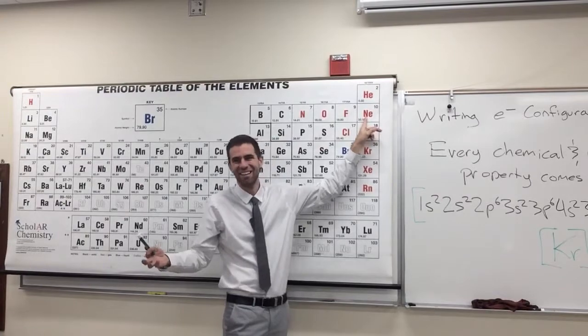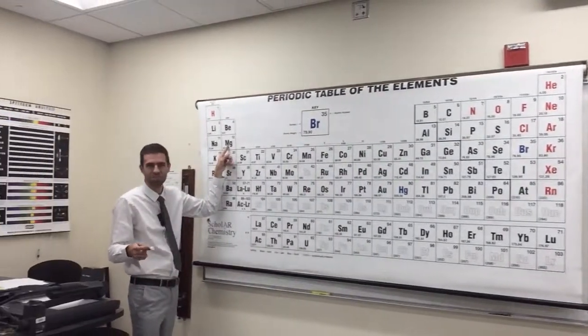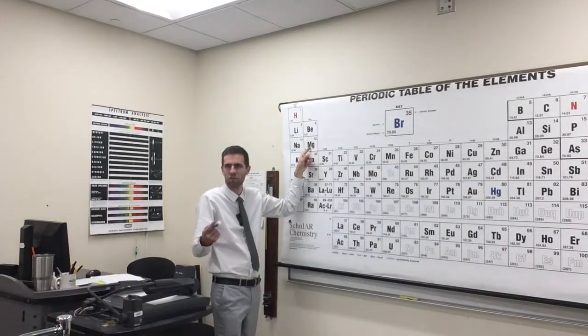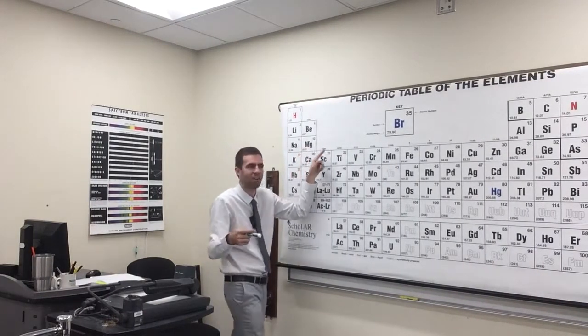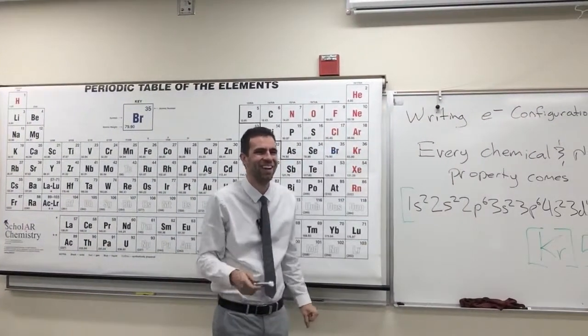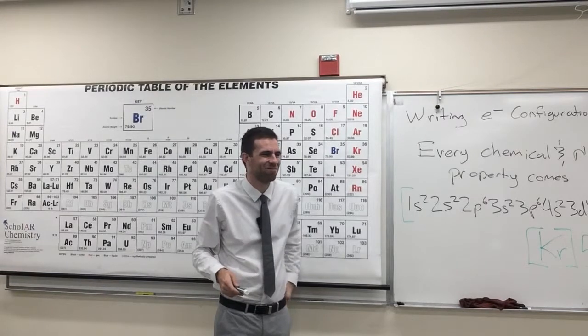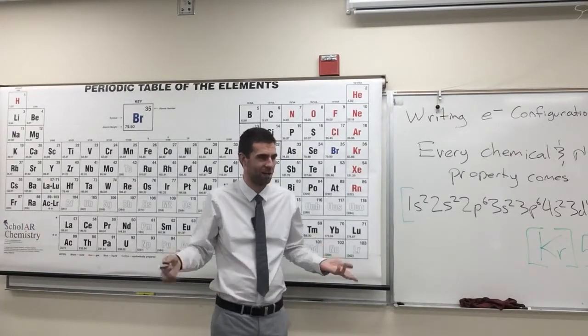Neon. Let's do one more just for fun. How about magnesium? Magnesium wants to give away how many electrons? 2. What electron configuration will it then have? Oh, neon. Right? So they all basically want to form the noble gas electron configuration.